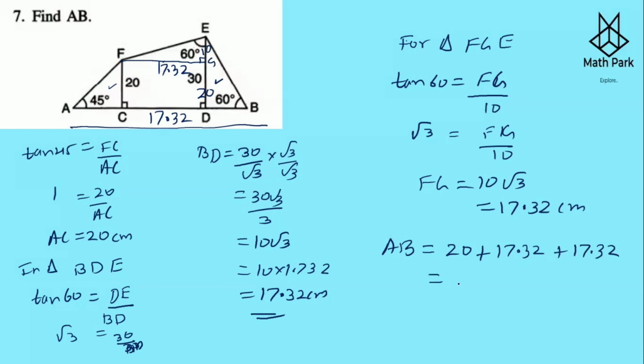Let us add this all together. So we get 2 plus 2, 4, 3 plus 3, 6. And add this 20, 17 plus 17 is 34, 34 plus 20 is 54. So this is 54.64 centimeter, the distance AB.